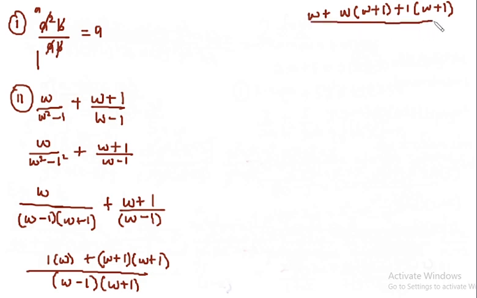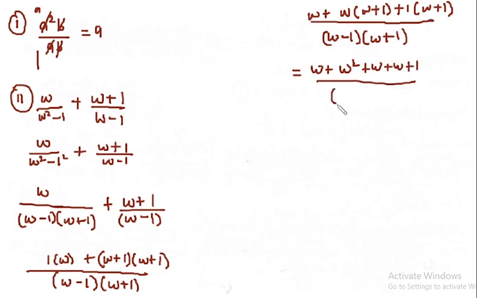From here we divide by w minus 1. This is w plus 1. If we add this up, we get w plus w times w is w squared. w times 1 is w, plus 1 times w is w. 1 times 1 is 1, divided by, we still have w minus 1, w plus 1.